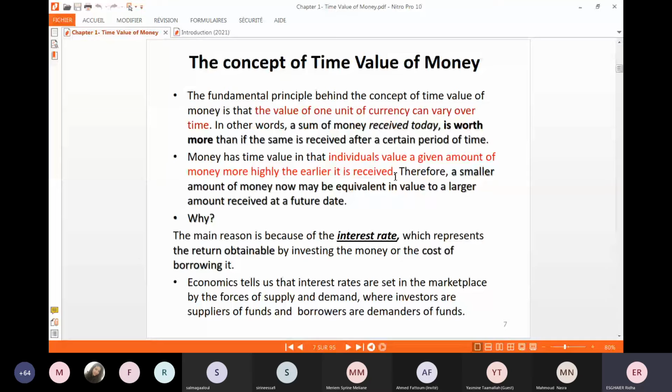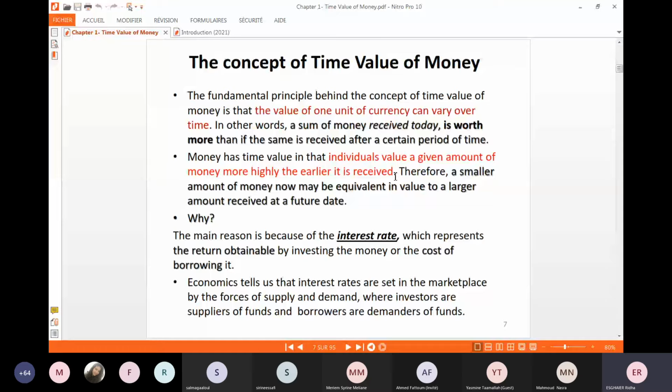At the same time, the interest rate represents the cost you have to pay if you borrow money to be able to consume today. So borrowing money will involve a cost, we call it the interest rate. Investing money will generate a return, which is the interest rate that you can earn, your yield, if you want, we call it yield, return, interest, that you can earn if you invest your money.